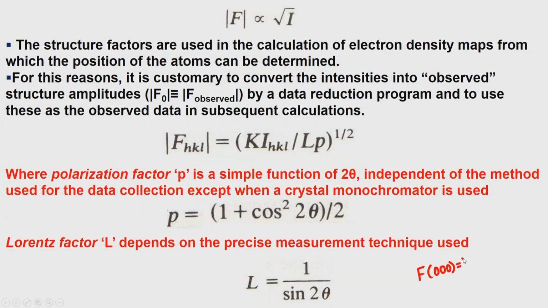So, we can call it the sum over all the Z values of every atom. If you have n atoms in the structure, i from 1 to n, it is the sum over Z of i. Suppose you have 20 carbons, 30 oxygens and so on. So, 20 times 6 plus 30 oxygens times 8, that summation will be the F of 0, 0, 0.